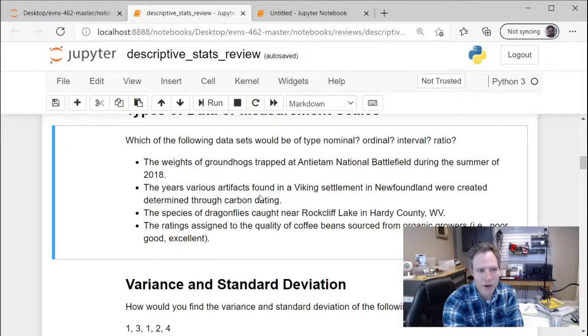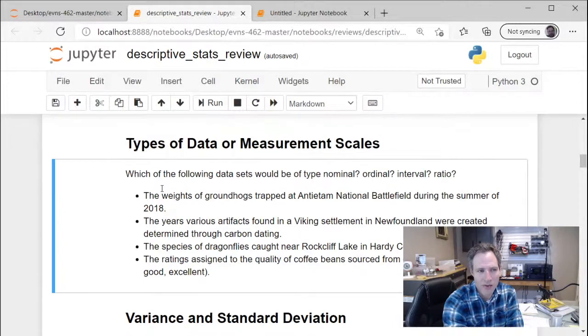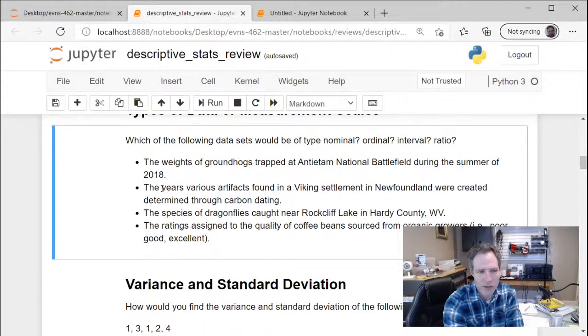The years various artifacts found in a Viking settlement in Newfoundland were created, determined through carbon dating. Okay, so years have an order. That means it can't be nominal, must be ordinal, interval, or ratio. Years also have a uniform scale. Every interval of 1 year is the same.